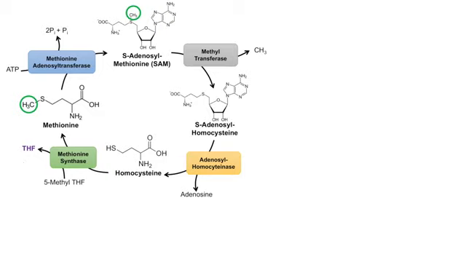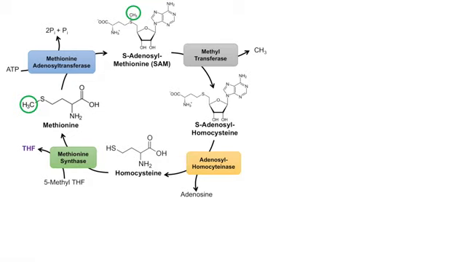So this process constitutes a cycle, and this cycle is known as the activated methyl cycle. This is what we utilize in catecholamine synthesis, as I mentioned before, when we need S-adenosyl methionine.